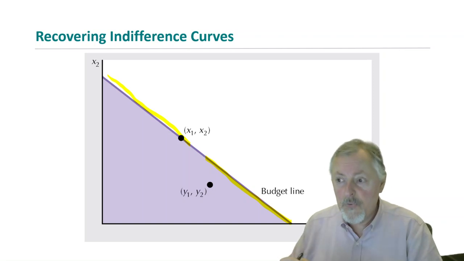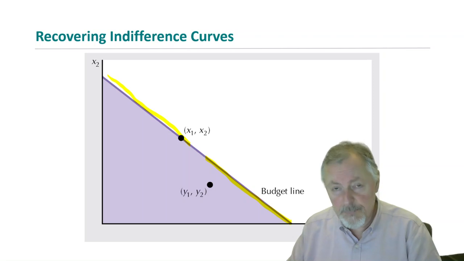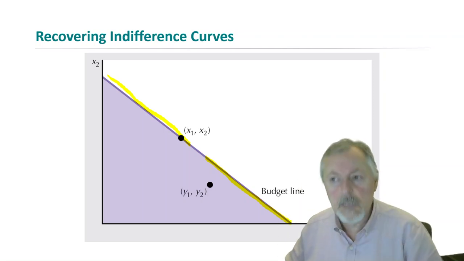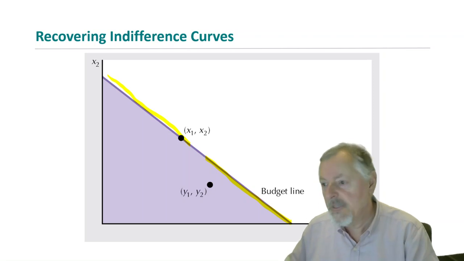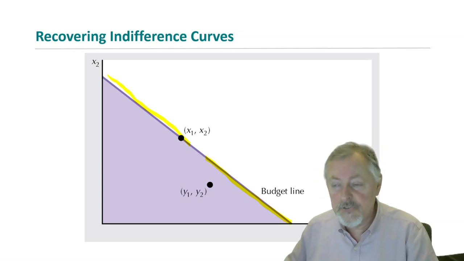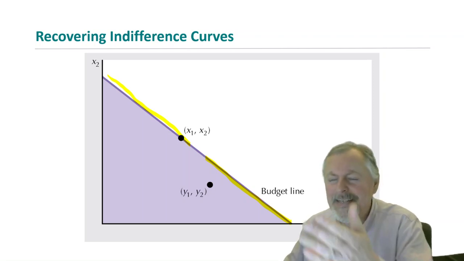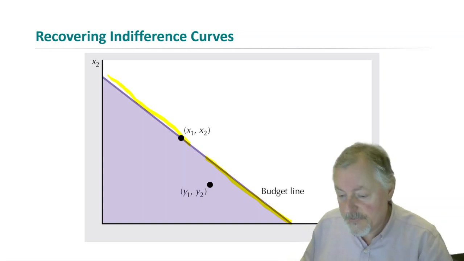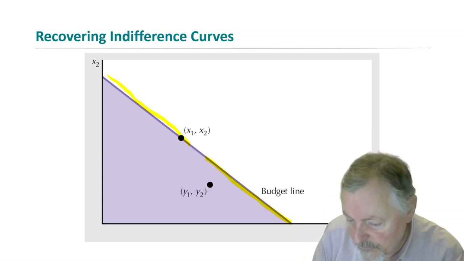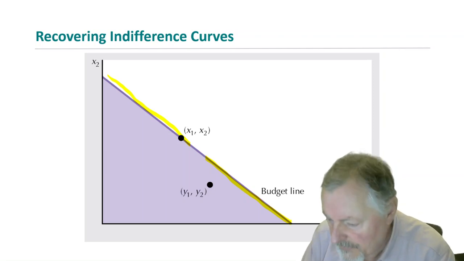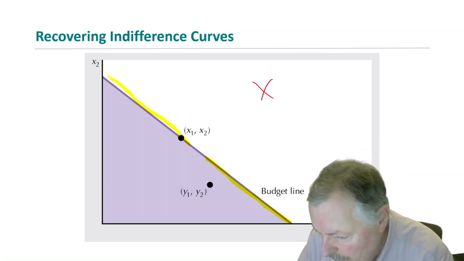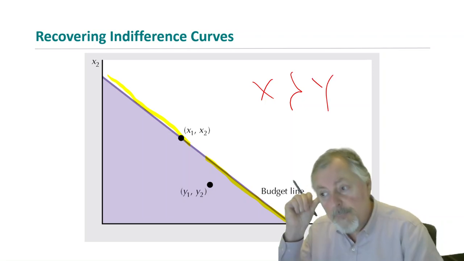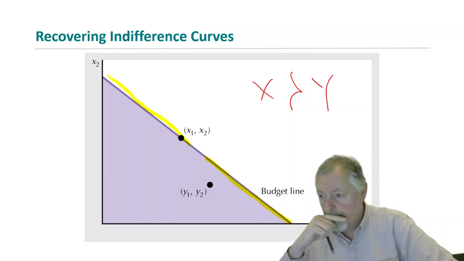So since it's possible for this person to buy either one, the one they choose does tell us they actually prefer it. In this case, the person chooses the X bundle. You can see it would put them on a higher indifference curve. So that tells us, because we observed this choice, that this person has directly revealed they prefer the X bundle to the Y bundle.